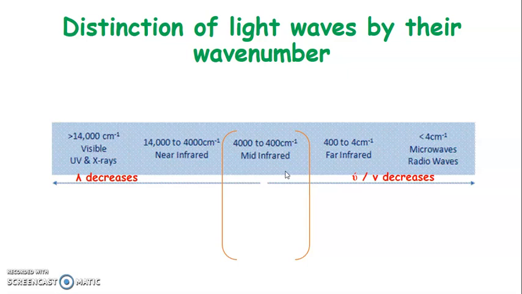For example, the OH, NH, or CH stretching modes appear in the region of 4000 to 2500 cm inverse. Triple bond stretching modes appear in the region of 2500 to 2000 cm inverse. C double bond C, C double bond O, the double bond stretching bands fall in the region of 2000 to 1500 cm inverse.